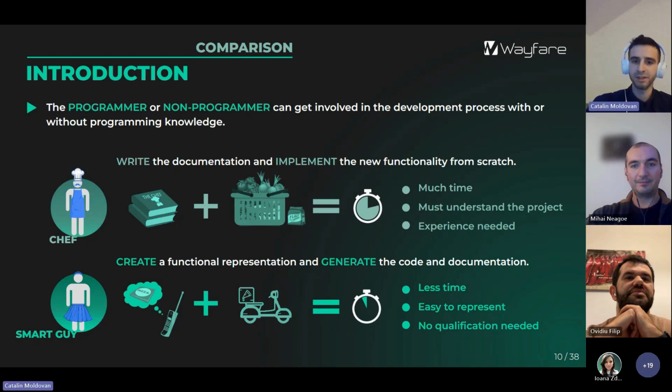So in this case, the user just has to create a functional representation of the new functionality. Then he just has to generate the code and the documentation from that representation. This process takes less time, it is also easy to represent, and it might not require experience in programming.